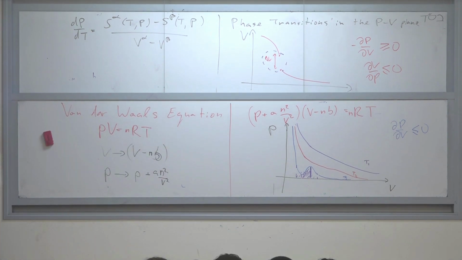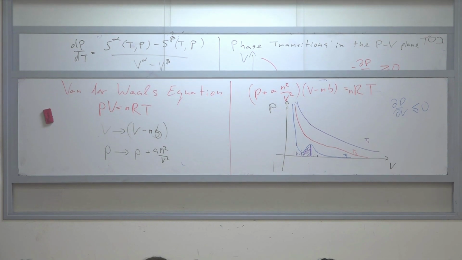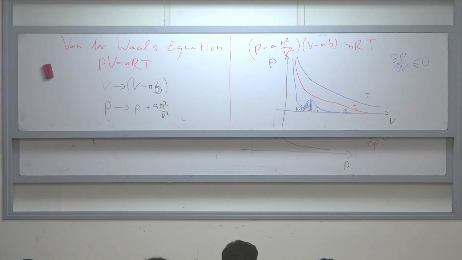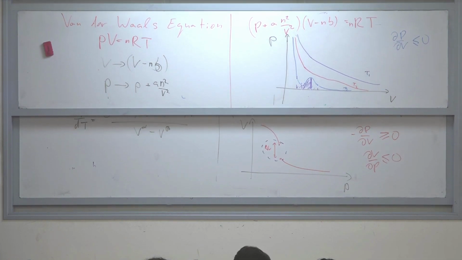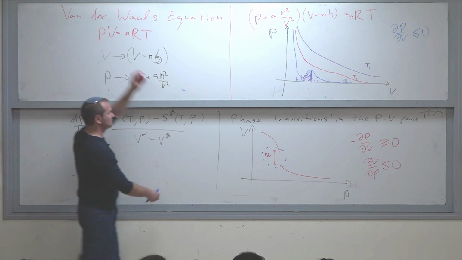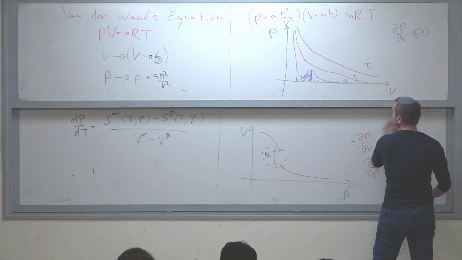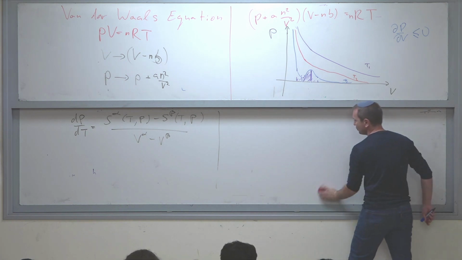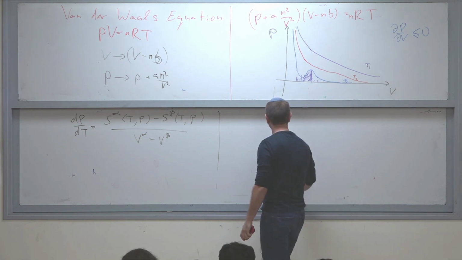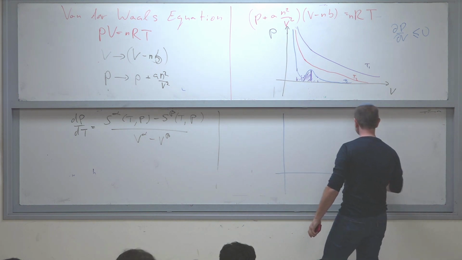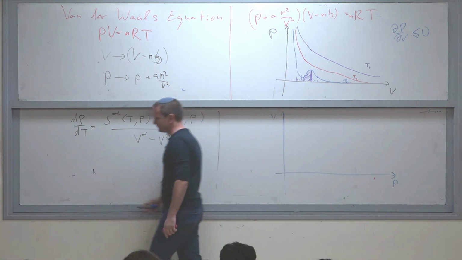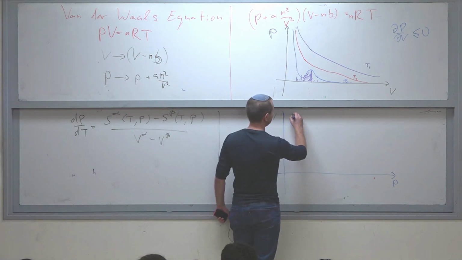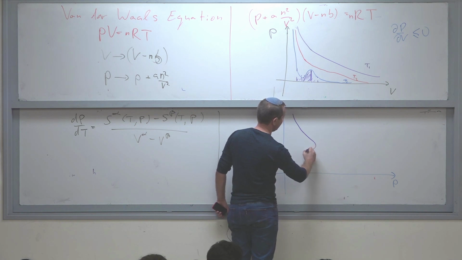Now, then we have some sort of a problem. So we have a system that shows a phase transition. Think about it from the perspective of the volume. I can plot this behavior when I'm plotting volume as a function of the pressure. This is P. This is V. So what we see over here is something like this.